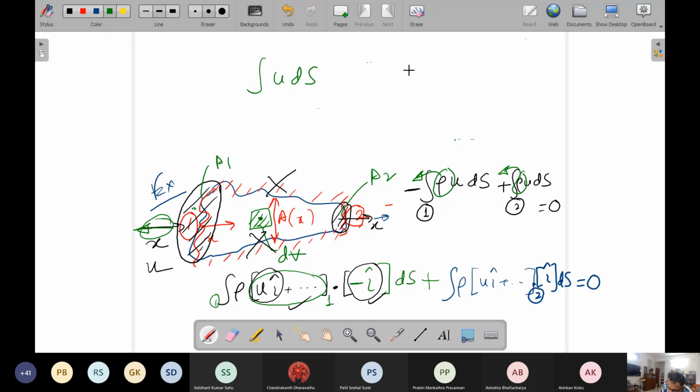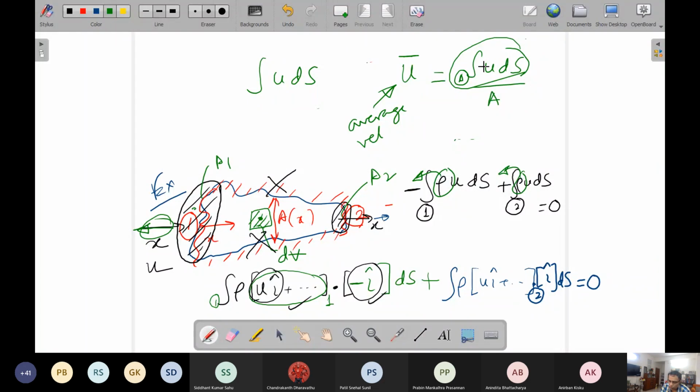So now if we define something which is called the average velocity, this is a very important parameter in fluid mechanics, and those of you who have done a first course on fluid mechanics know about it. It is simply the integral of u dS over whatever is the area, divided by the total area. What it physically means is that this u will vary over the cross section. So the total volume flow rate is the integral of this over the cross section.